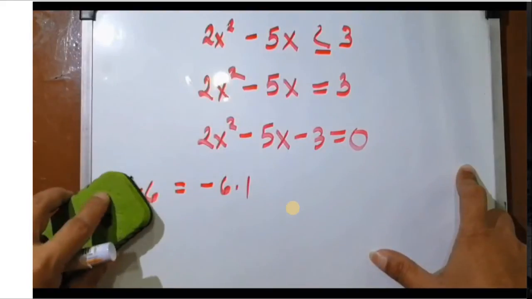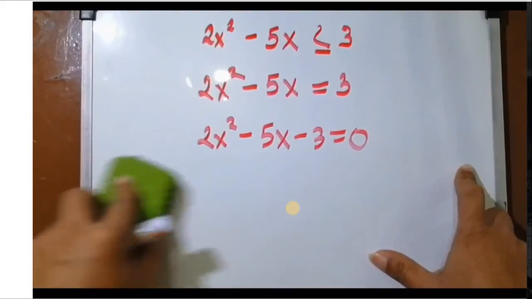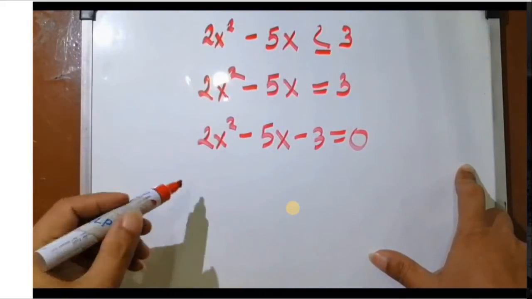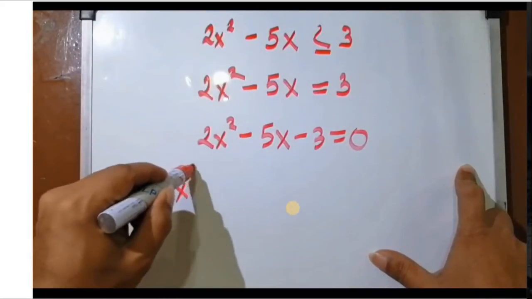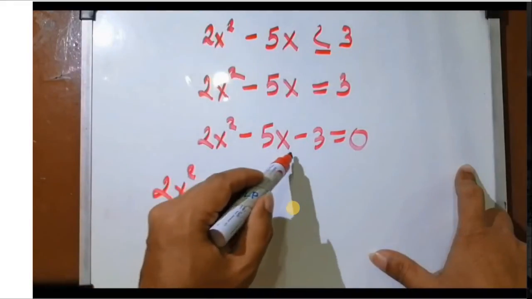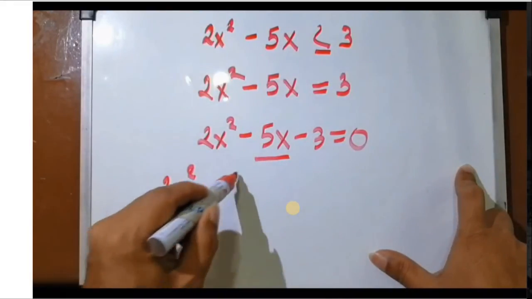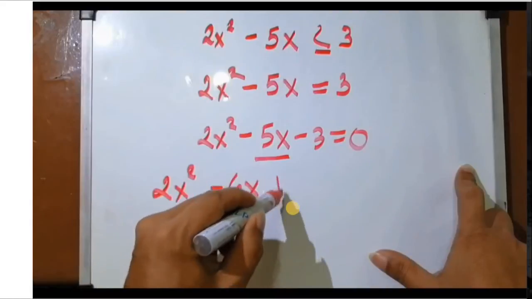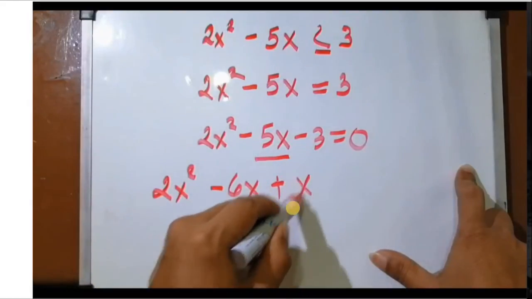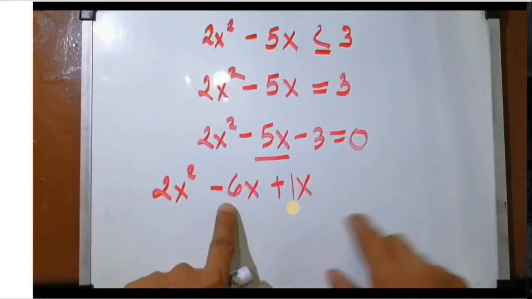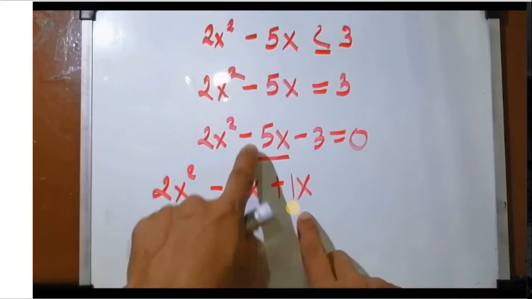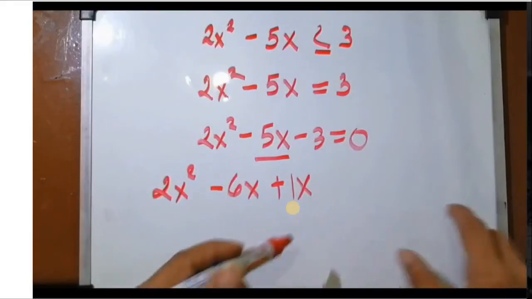So, para mabalikan lang natin yung factoring. So, ngayon, susulat natin yung negative 5 as factor ng dalawang number. So, instead of negative 5x, susulat natin yung negative 6x plus x. Ito yung factor natin kanina na negative 6 and 1 na ang sagot is 5. Okay?